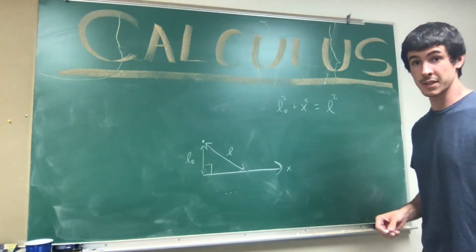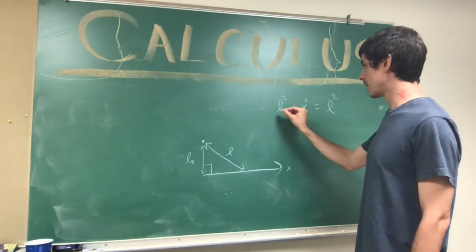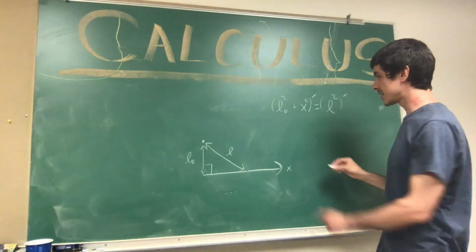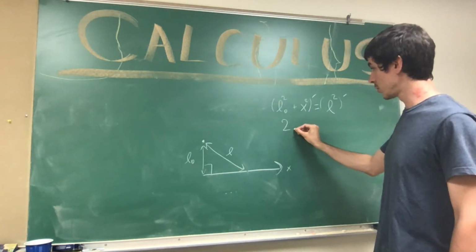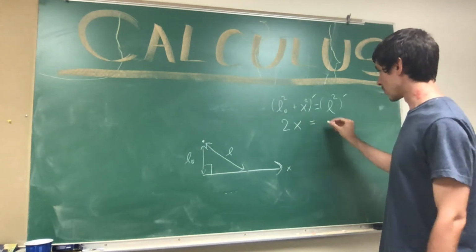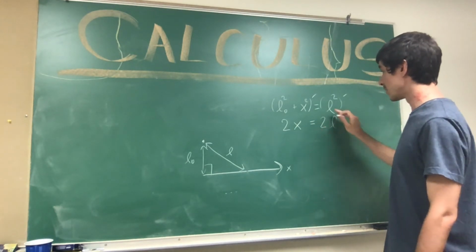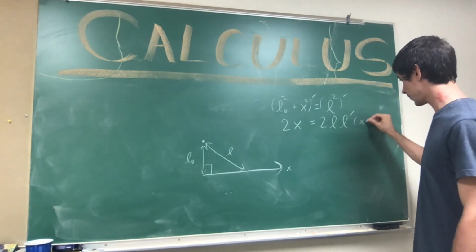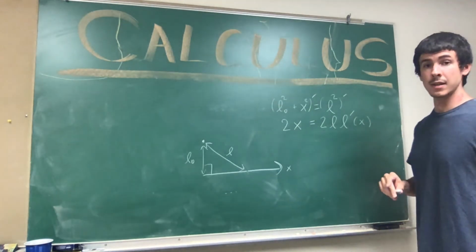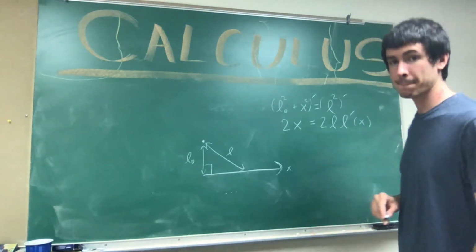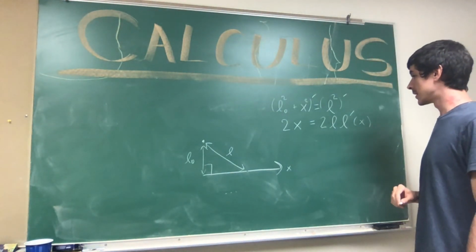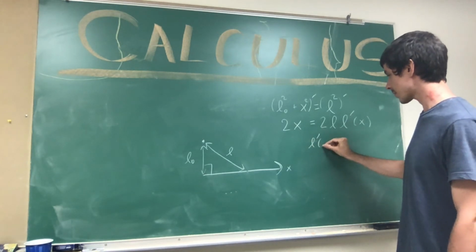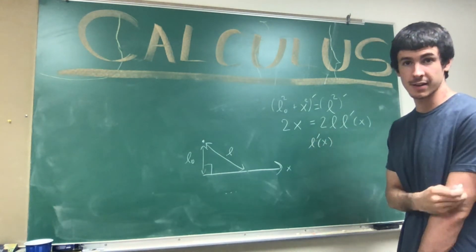So we can differentiate both sides of this equation, and L0 is constant, so what we get is 2x equals 2, and then chain rule, L times L prime of x. This can be simplified to L prime of x. I'm going to put the x dependence back in.